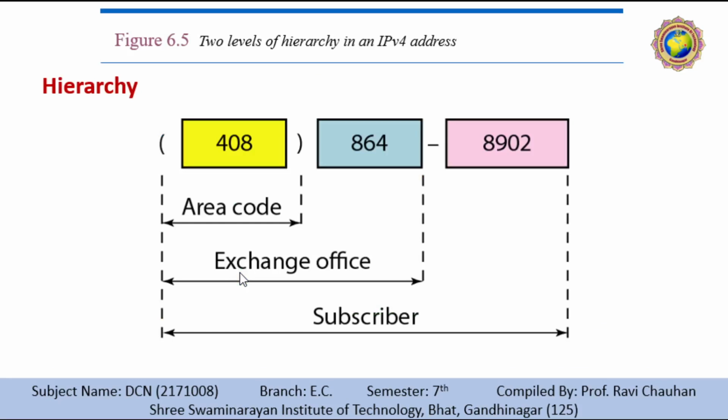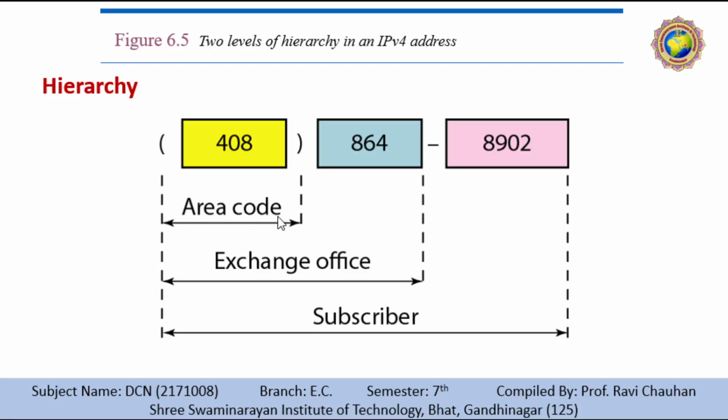So, what is the hierarchy? IP addresses, like other addresses or identifiers we encounter these days, have a level of hierarchy. For example, a telephone network in North America has 3 levels of hierarchy. The leftmost 3 digits define an area code.